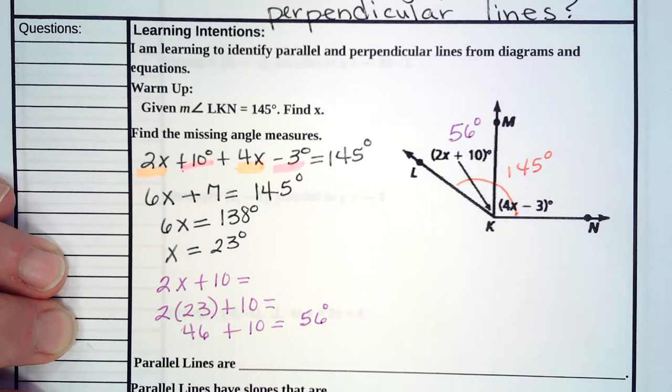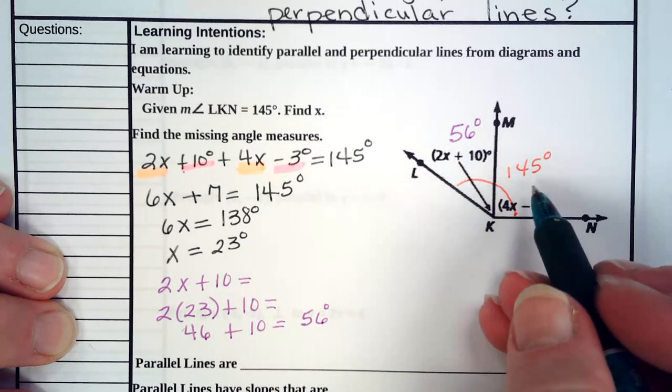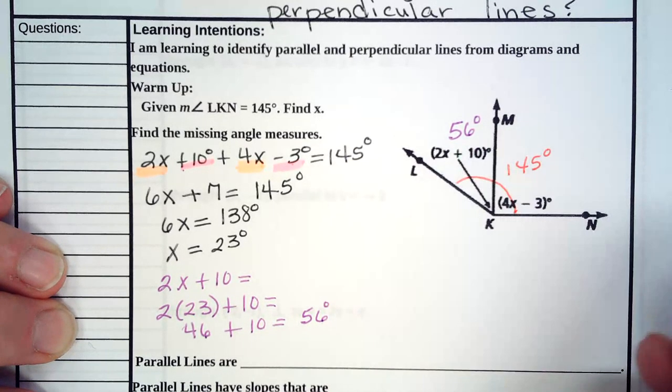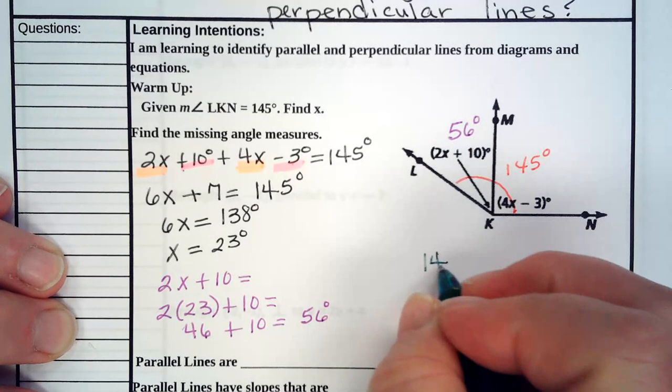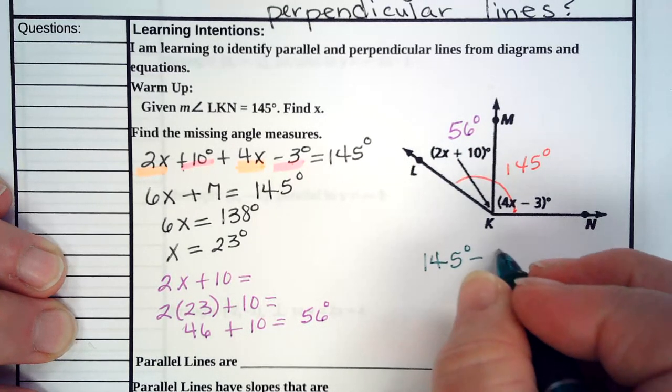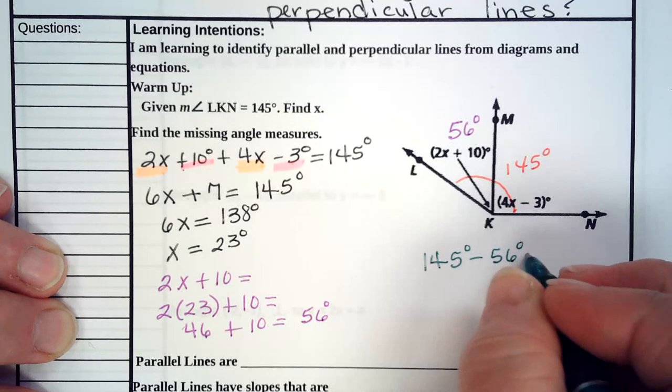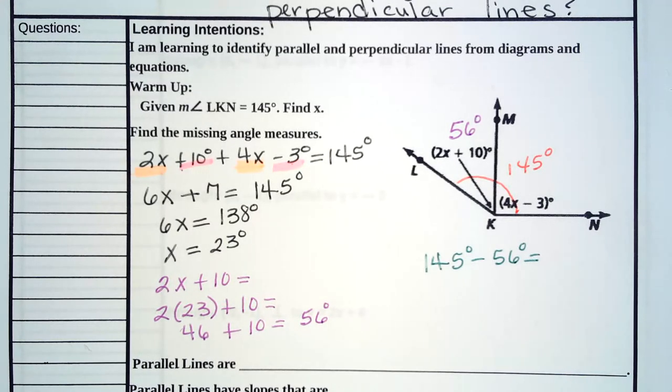Okay, for the other one, I can take 145 minus 56, and get 89.